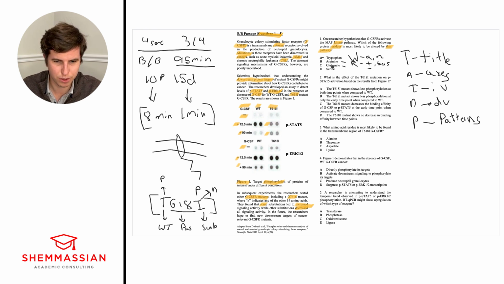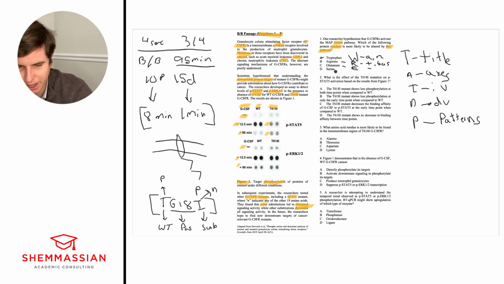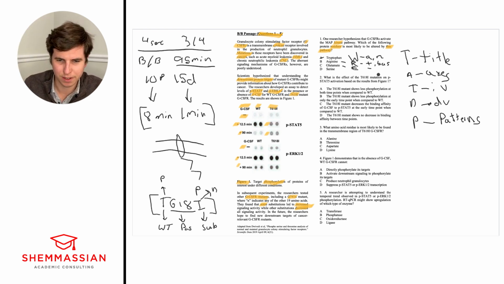Glutamate is E, for glutamate or glutamic acid. Negatively charged or acidic. And then serine, that's S, and that's going to be polar, uncharged.